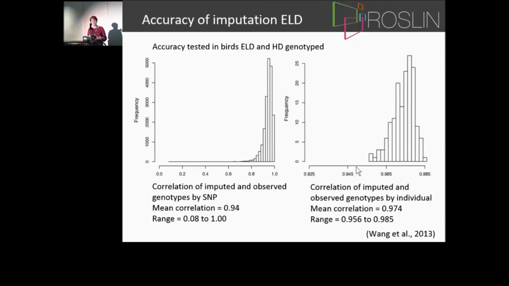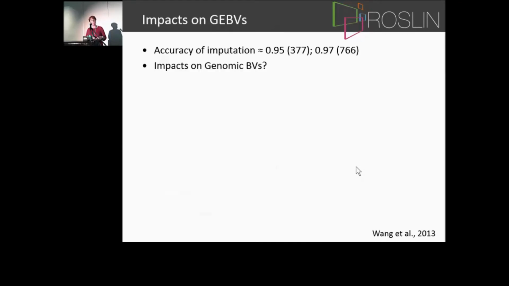The correlation between imputed and observed genotypes per SNP was approximately 94%. If we look across SNPs within individuals, our correlation between imputed and observed genotypes was about 97% for the 766 density low density SNP panel. So we felt that we were doing pretty well when it came to imputing those genotypes.